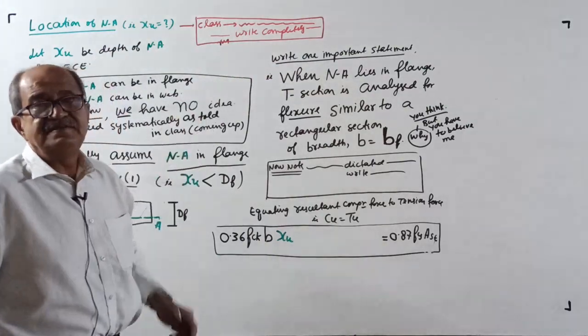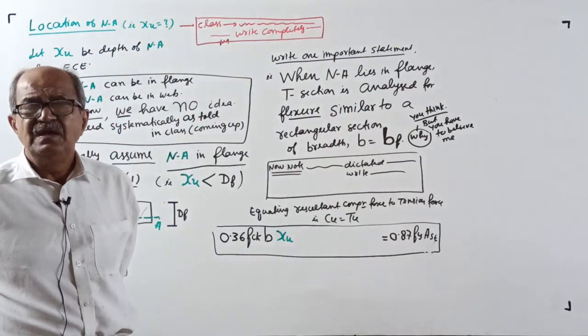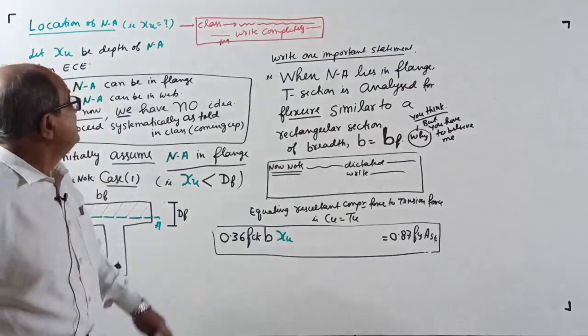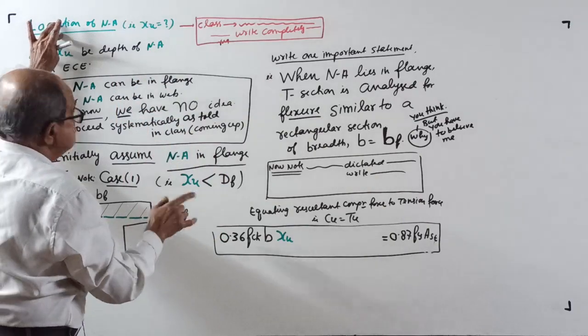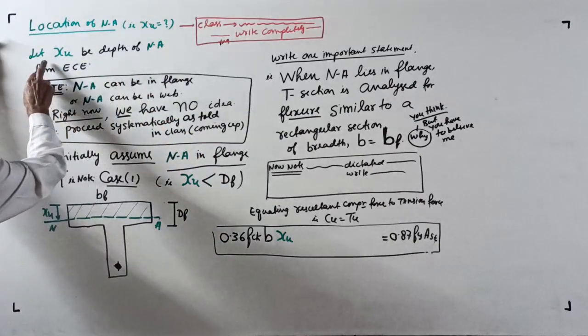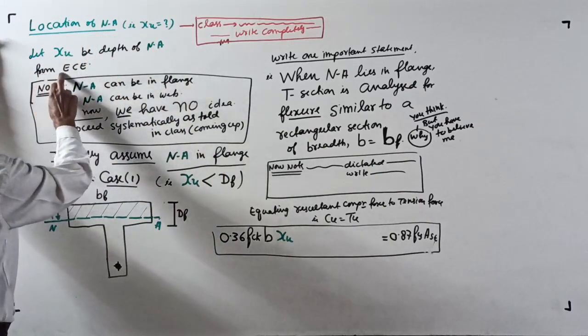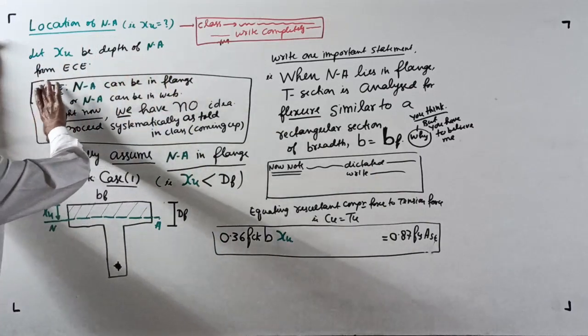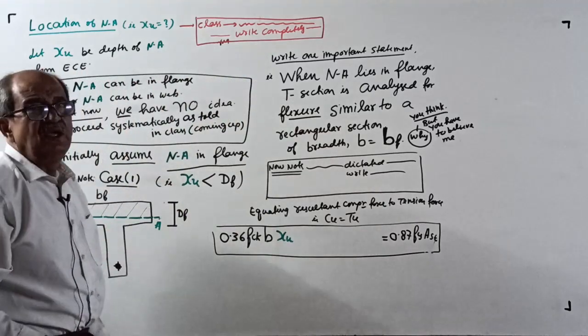Write that much here. Some will say, sir, it's a story, half a page coming. Write half a page if you are serious, but it will not disturb the procedure here. Very important. Okay, start. Let XU be the depth of neutral axis from extreme compression edge. Now, immediately, one note. This note is actually for understanding.